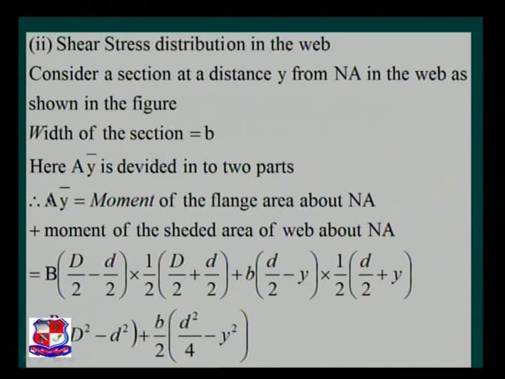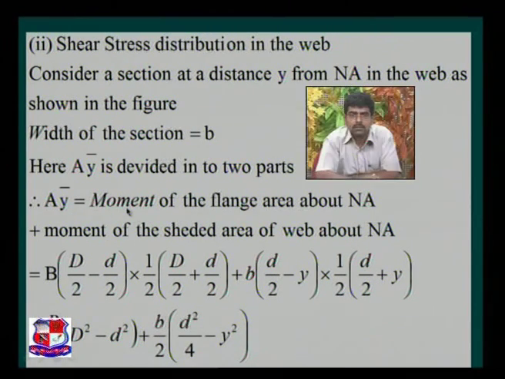First, AY bar is nothing but the moment of the shaded area about the neutral axis. Here it is nothing but the moment of the flange area about the neutral axis plus the moment of the shaded area of the web about the neutral axis.